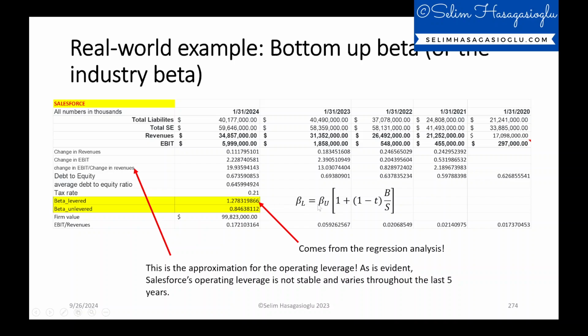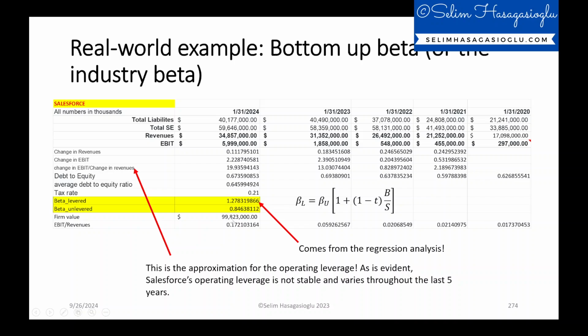So unlevered beta will be levered beta, this value, divided by 1 plus (1 minus tax rate). Tax rate was 21%. And for the debt to equity ratio, you need to plug in the average debt to equity ratio. So unlevered beta will be this value for Salesforce. And I also calculated the firm value. Just add total liabilities and total stockholders equity to get the firm value.